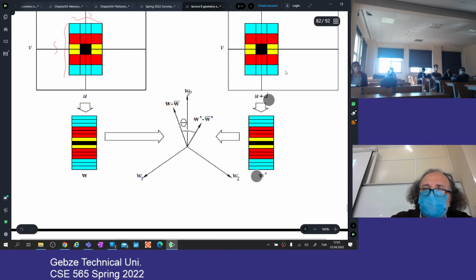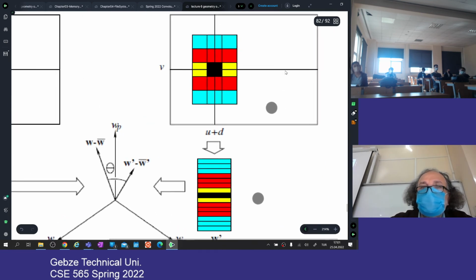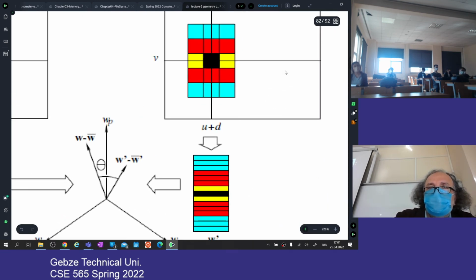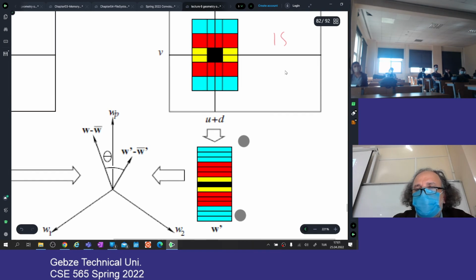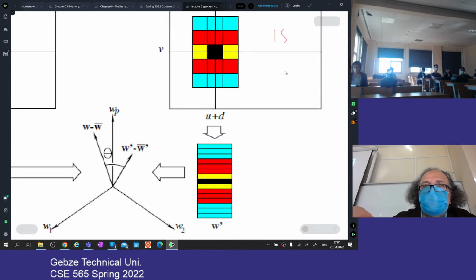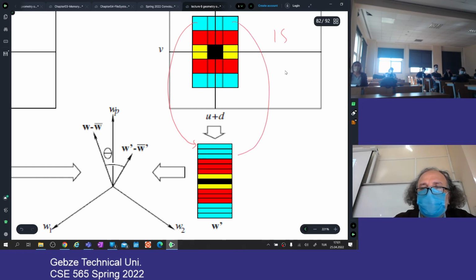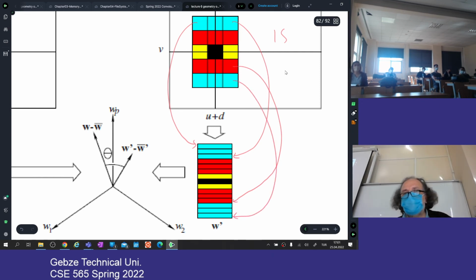Convert this to a vector. So how many elements are there? There are 15 elements in there, right? So make this a one-dimensional vector of size 15. This one will go here, this one will go to the third element, and this one will be here, and this one there.